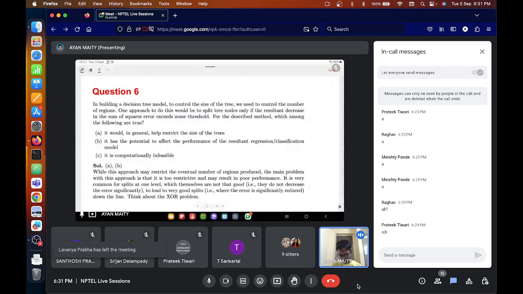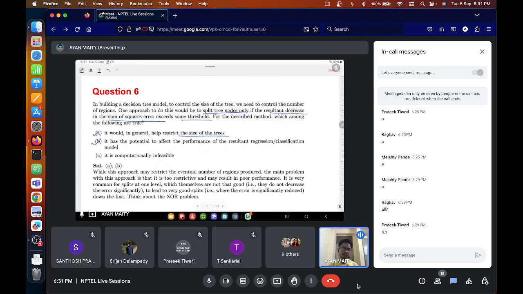So A and B, these are the two correct options here. A says it would in general help restrict the size of the trees. This is certainly correct, that we will split the tree only if the resultant decrease in the sum of the squared errors exceeds some threshold.